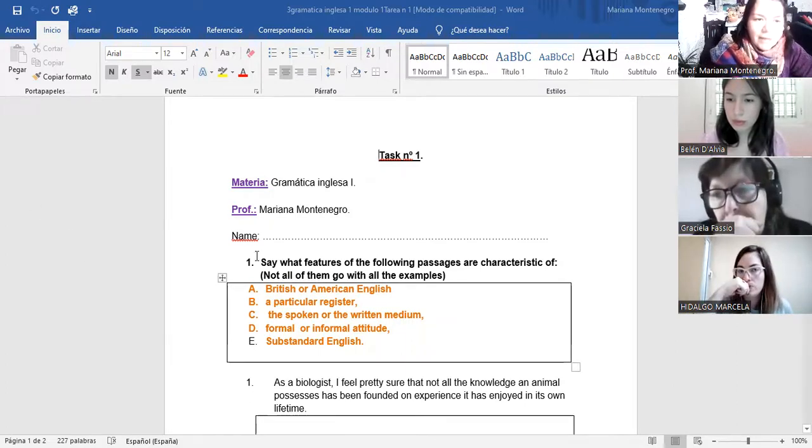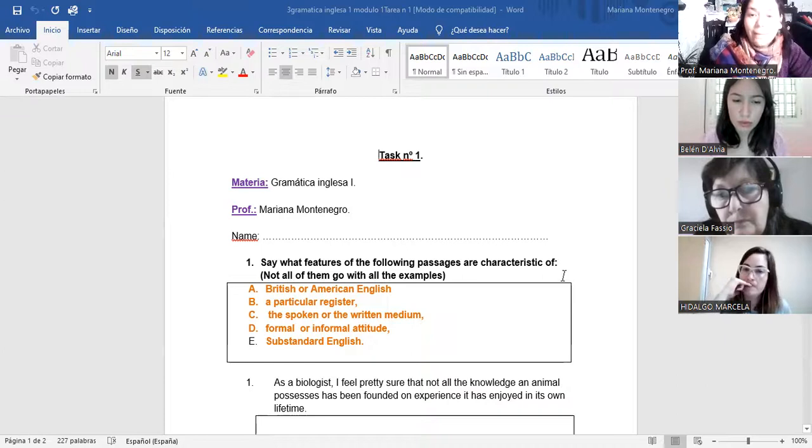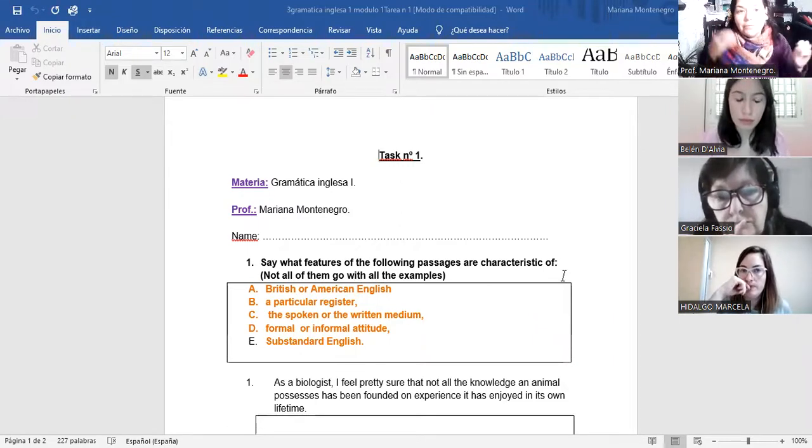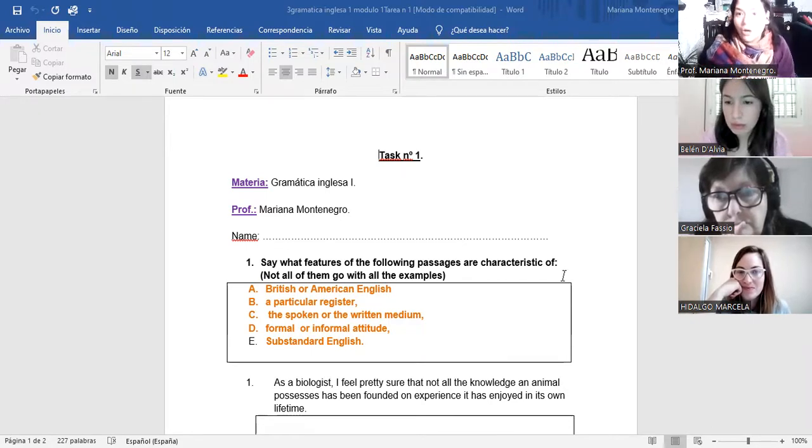Number one says, say what features of the following passages are characteristic of, and between brackets it says, not all of them go with all the examples. Because sometimes some students try to put all of them, even though they are not present. They say, oh, British English or American English, and sometimes you do not have a specific characteristic that shows that it is actually British or American.